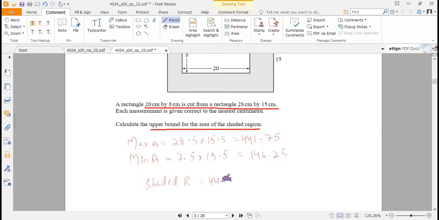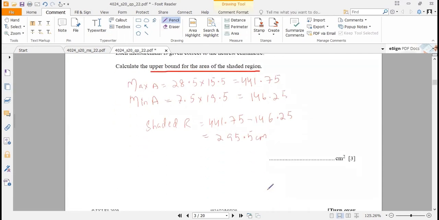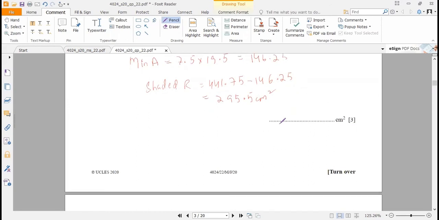So 441.75 minus 146.25, the result will be 295.5 centimeter square.